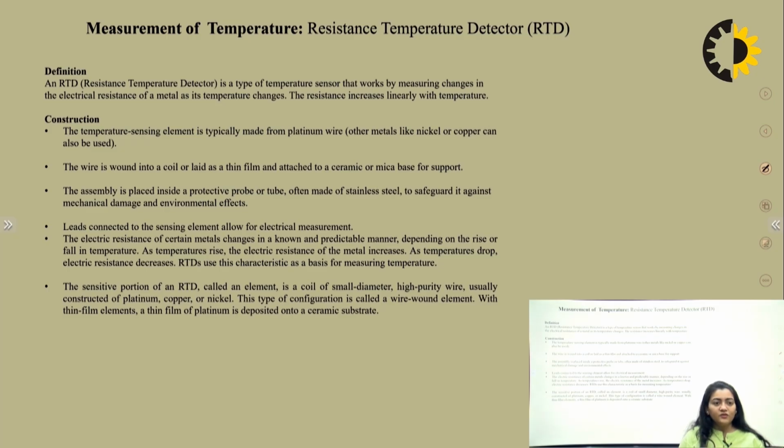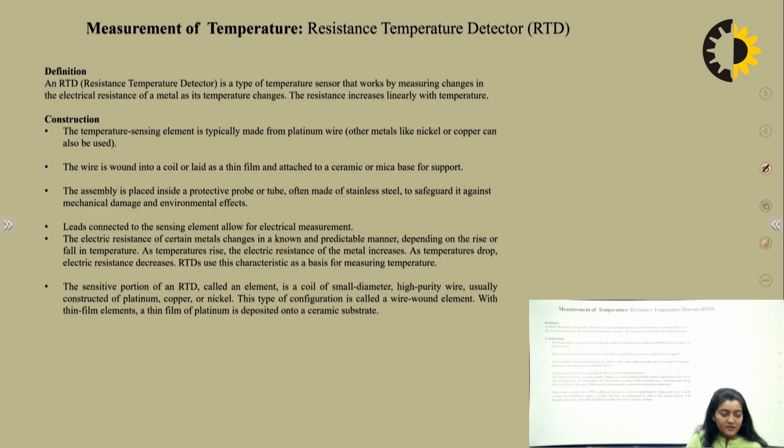So we mostly use a material that is chemically inactive, for example stainless steel, or a ceramic material for the outer coating, because it is not chemically very active. Leads are connected to the sensing element to allow for electrical measurement.